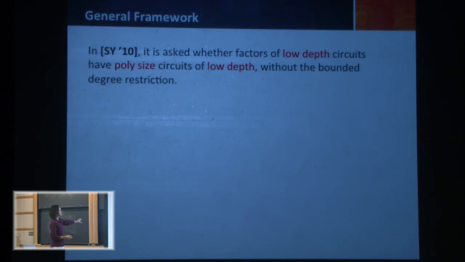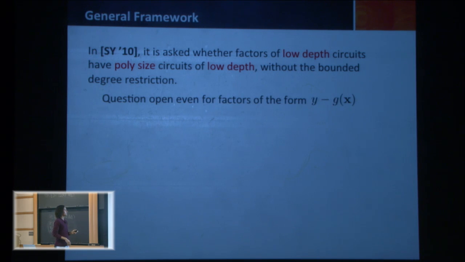Moreover, besides this theorem, we have a general framework here that is the following. In the survey by Shpilka and Yehudayoff on arithmetic circuits, they asked whether the factors of low depth circuits have polynomial-sized circuits of low depth without the bounded degree restriction. And what Avi pointed out in the previous session is that the question is open even for factors of the form y minus g(x), so for roots.